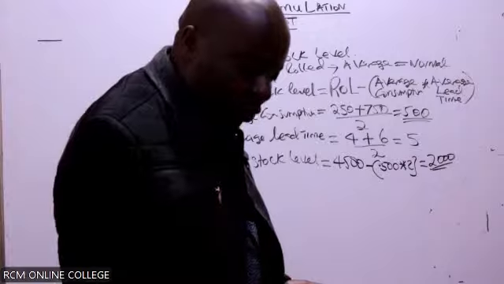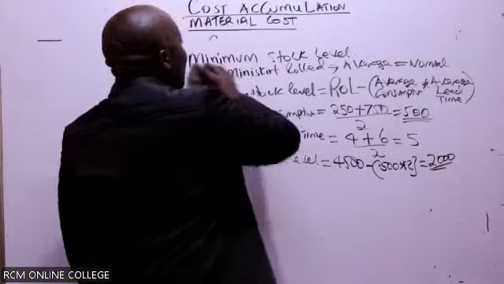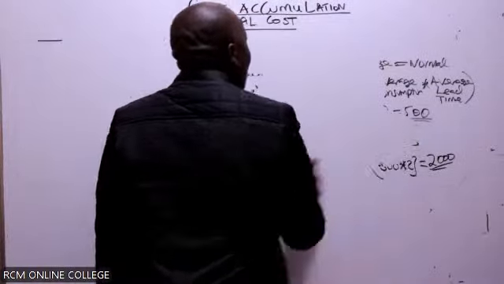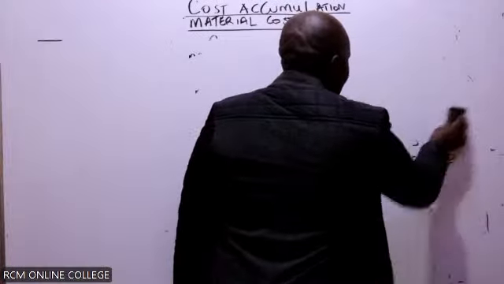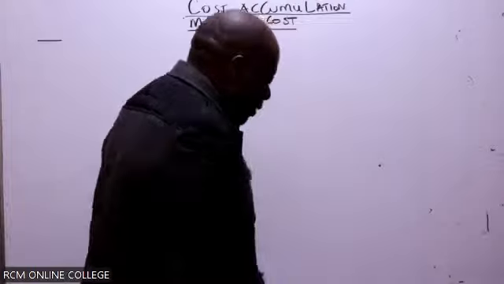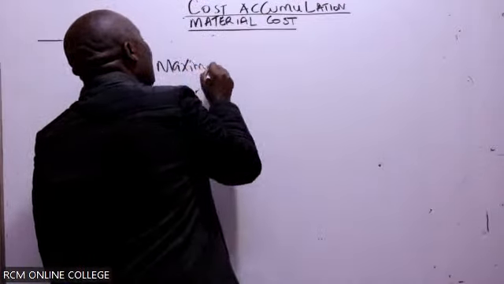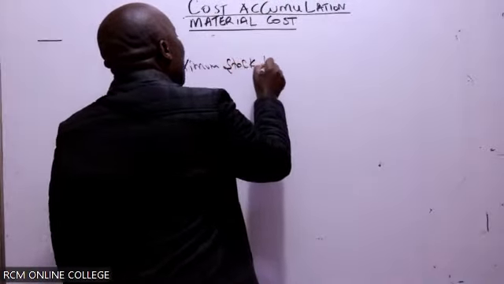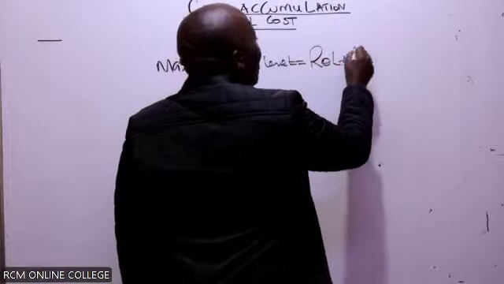Maximum stock level, I love maximum stock level. Because whenever we talk about maximum stock level, I will always think about rolling and rocking. Very easy. So to get maximum stock level equals roll plus rock.